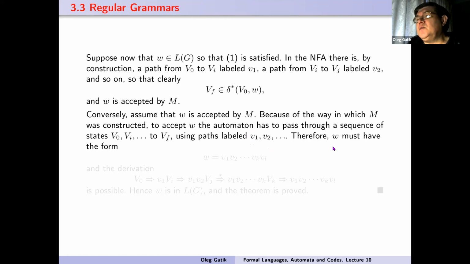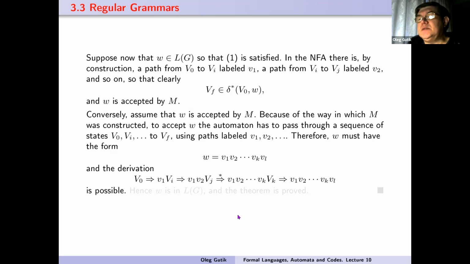Therefore, the word w must have the form w = v1, v2, so on, vk, vl, and the derivation V_0 into v1 V_i, into v1 v2 V_j, into star, v1 v2, so on, vk V_k, into v1 v2, so on, vk vl is possible.